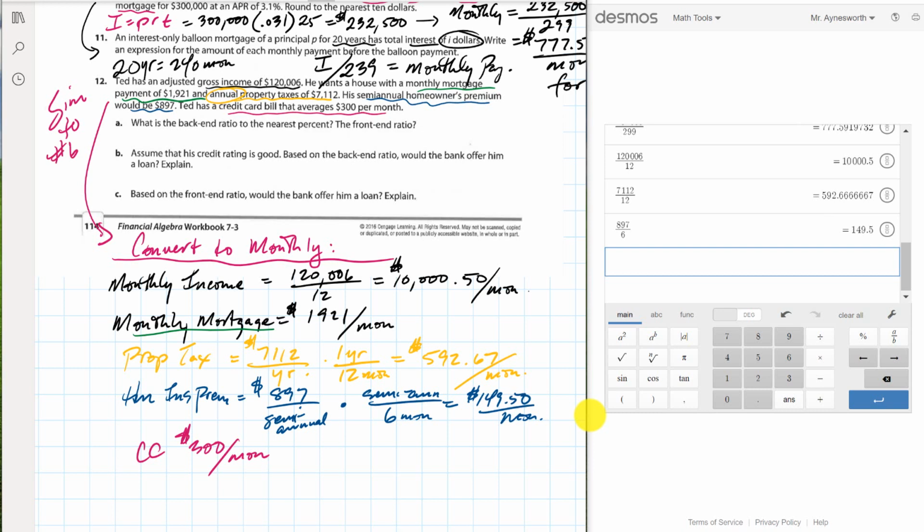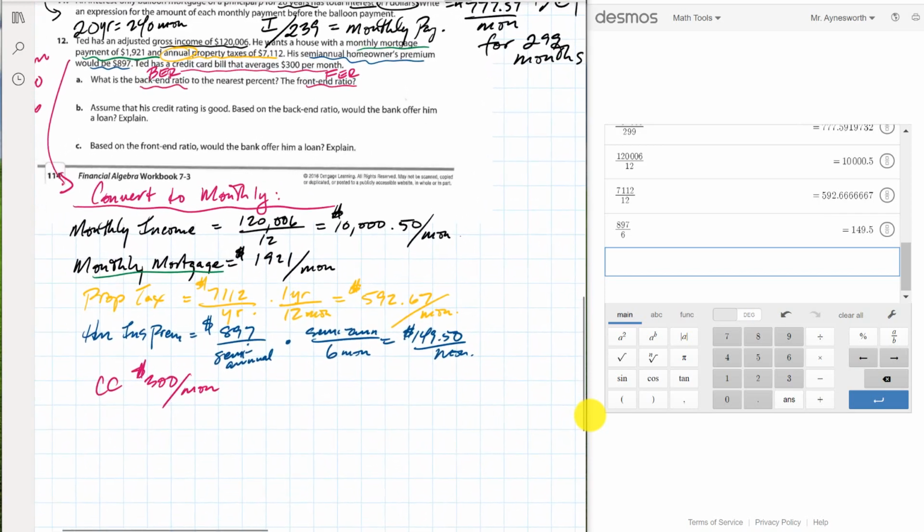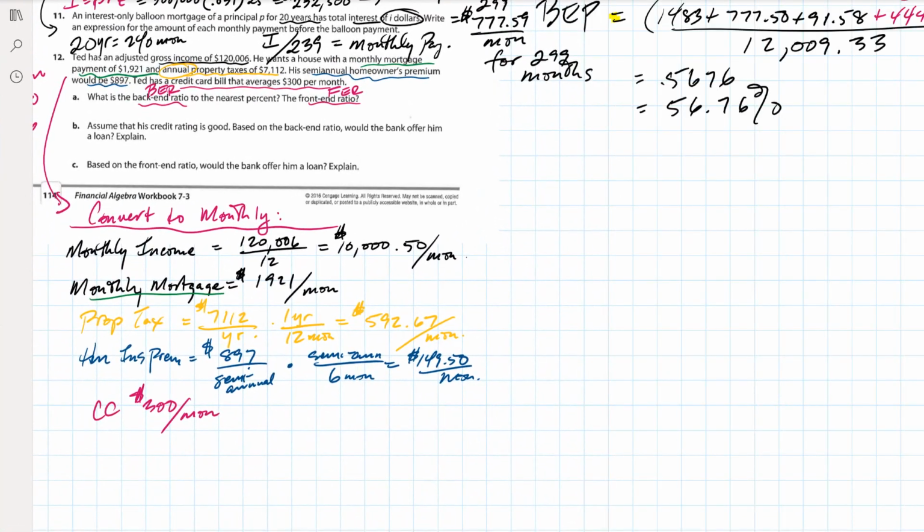Okay, sorry about my handwriting. My pen's screwing up. So what we want to do is calculate the back end ratio and the front end ratio. Remember, back end ratio, front end ratio. Let's do it. Front end ratio first. Everything just home related.